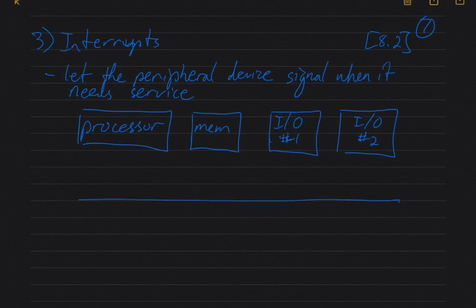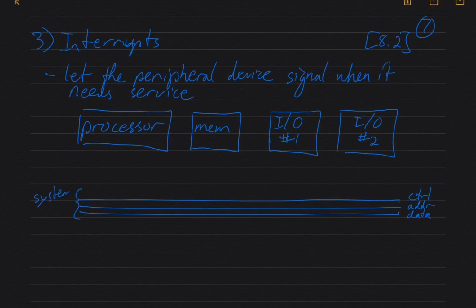So our typical bus lines, I'm going to leave a little bit of a gap, but our system bus usually consists of 3 sets of wires, and so that would be the control lines, address lines, and data lines, and collectively that's your system bus.